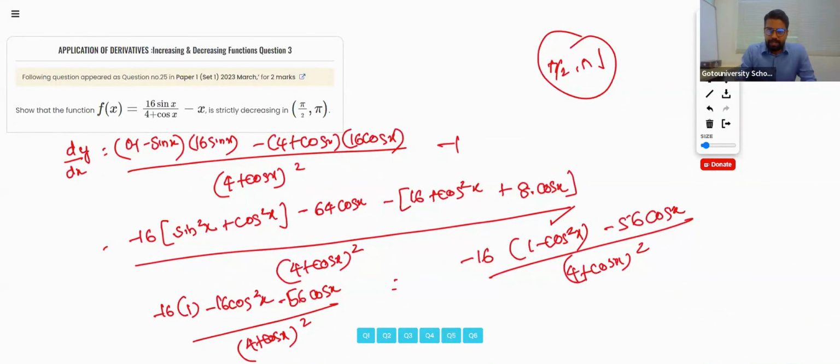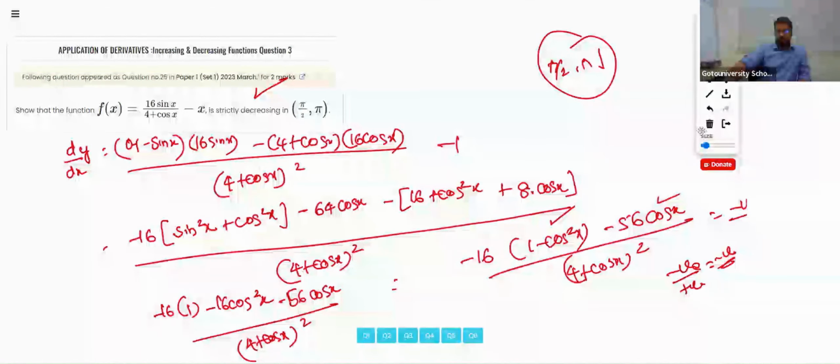So this will remain negative and this part is positive. So at the end, the value will be negative in the numerator. The denominator is positive. Negative by positive is going to be negative only. So that's why it's been proved that f dash x is negative. So this will be strictly a decreasing function. No doubt in that. Okay.